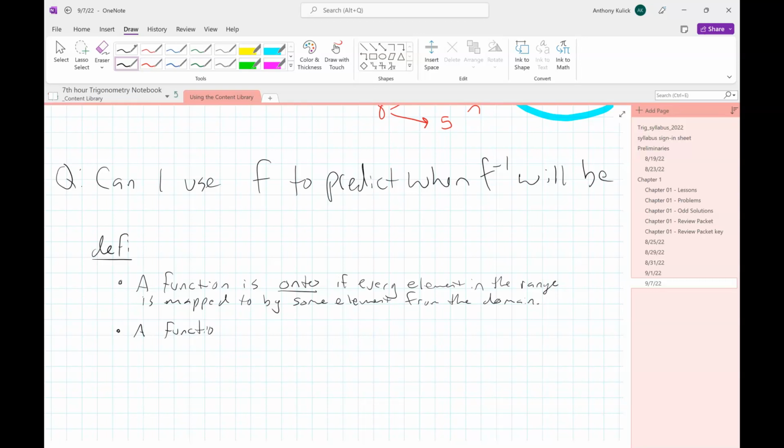And we'll do some examples here in a second to demonstrate what that exactly means.